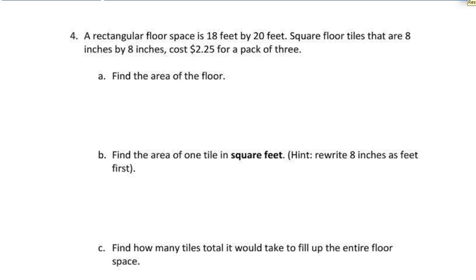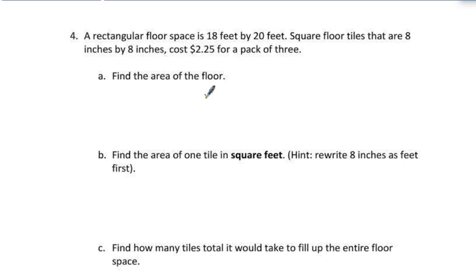In this particular problem, I've broken down the steps. That will not necessarily be the case in the other problems that you'll be working with, but for now, I've scaffolded it in a way that we can take each piece in stride, and build from there. The rectangular floor space is 18 by 20 feet.